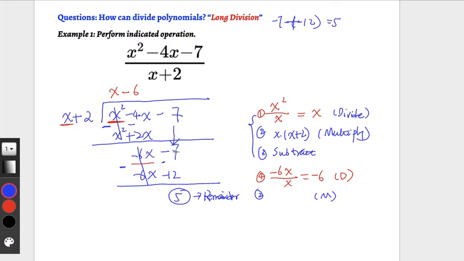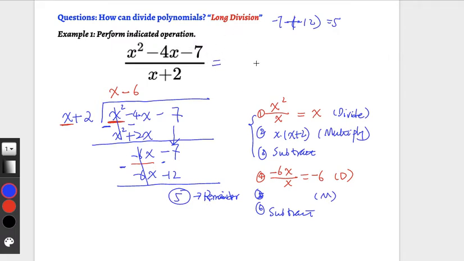Once you subtract, whatever you have here, you minus 7, you are going to determine, are we going to continue? This is -6, it can be divided by x, so I still continue and then repeat this process, multiply -6, we get another one. Lastly, I repeat another subtract. So finally, I get the remainder, and this I have no variables. This is going to be the answer.